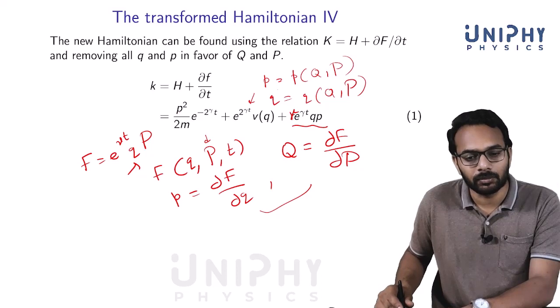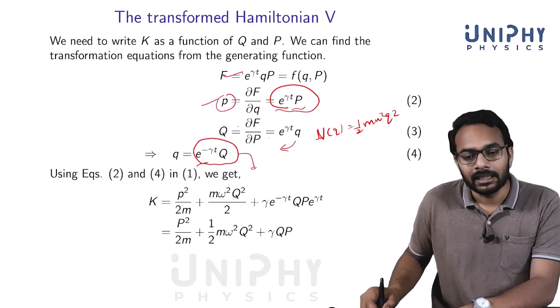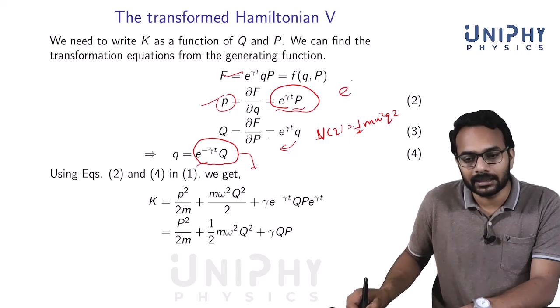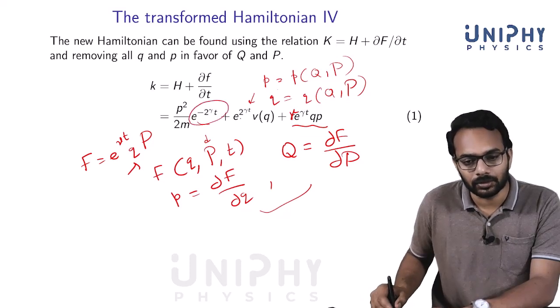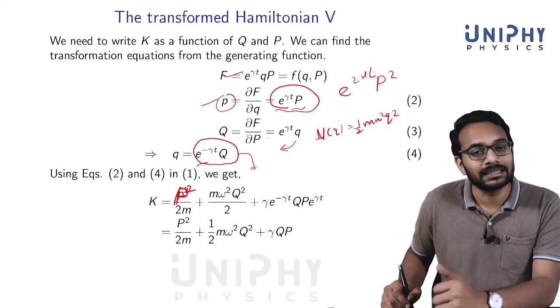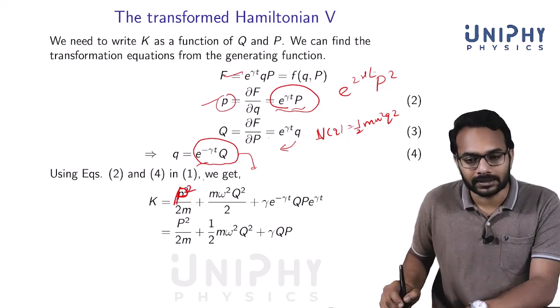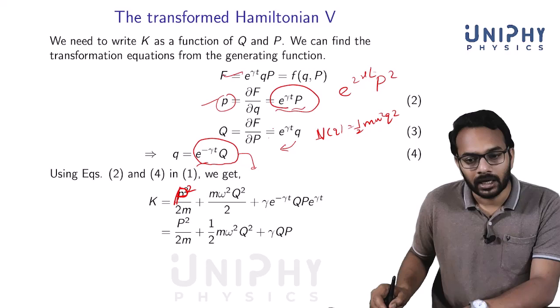So instead of small p square, we can write e raised to 2 gamma t capital P square. There is already an e raised to minus 2 gamma t here, so it's capital P square by 2m plus e raised to 2 gamma t multiplied by V of q. And what was V of q?